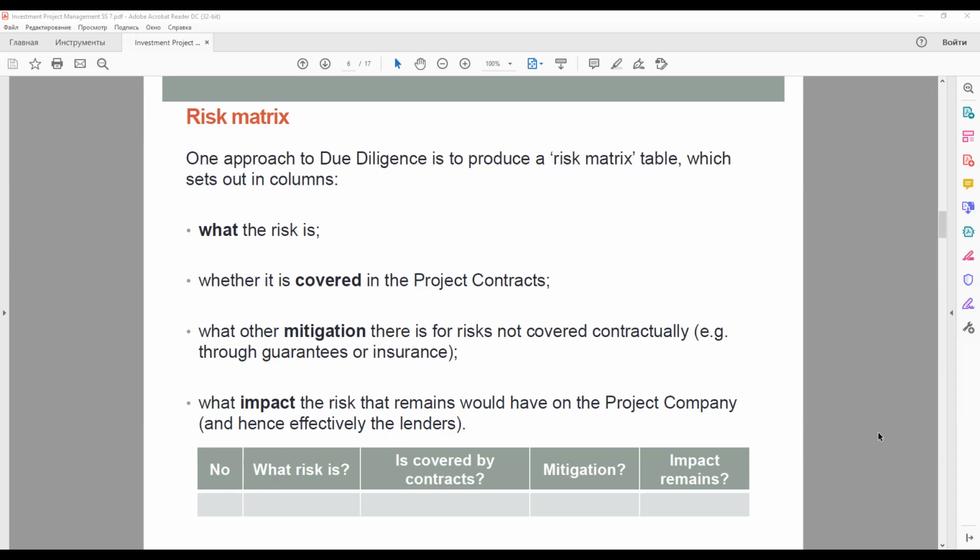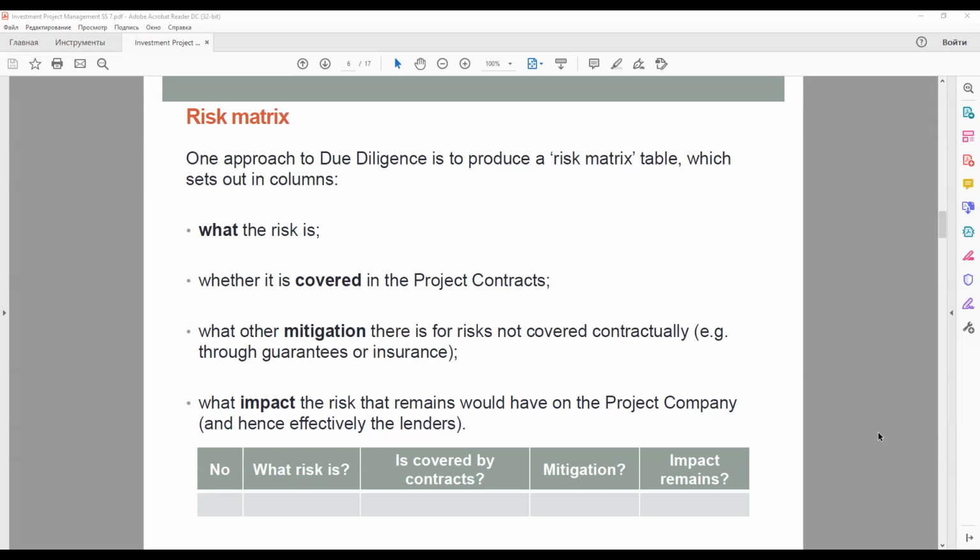One standard approach to this is to produce a risk matrix table, which sets out in columns what the risk is, whether it's covered in the project contracts or not, what the mitigation is for risk not covered contractually, for example, through guarantees or insurance contracts, and what impact the risk that remains would have on the project company and effectively on the lenders.